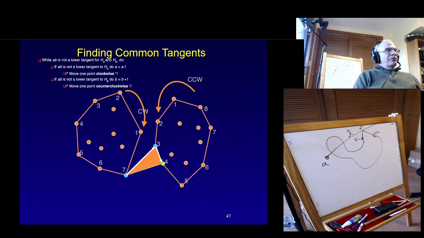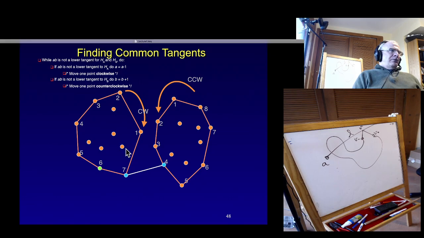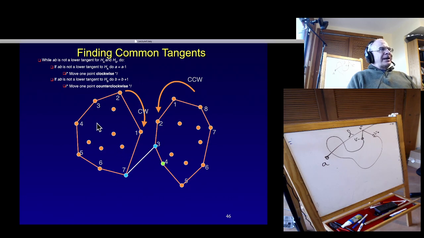And maybe I'll have to walk next. At this point, let me go back one slide, at this point AB is a tangent to the left side, but it's still not a tangent to the right side.